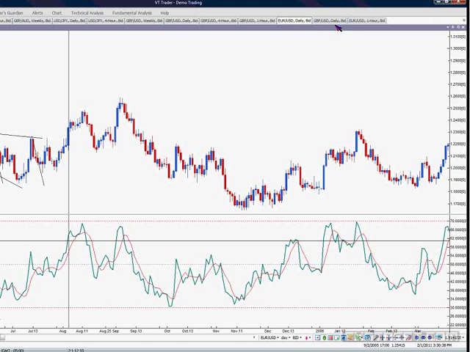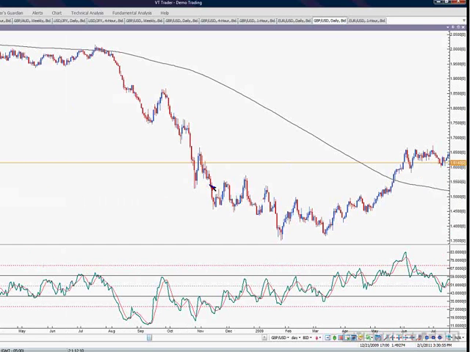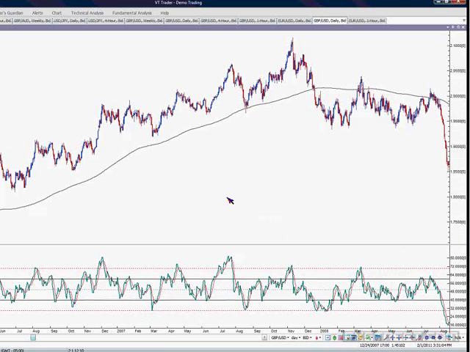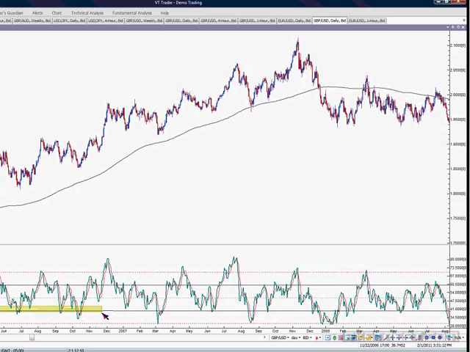Okay, let's go to the pound dollar. Just going back in time, looking at the RSI, we see that during this rally here, the RSI remained mostly above 40. There were times when it cracked below 40, but it failed to break below 30.